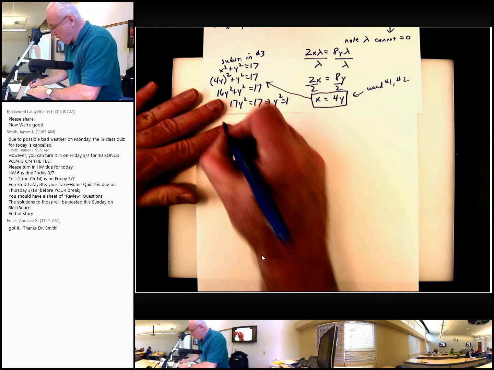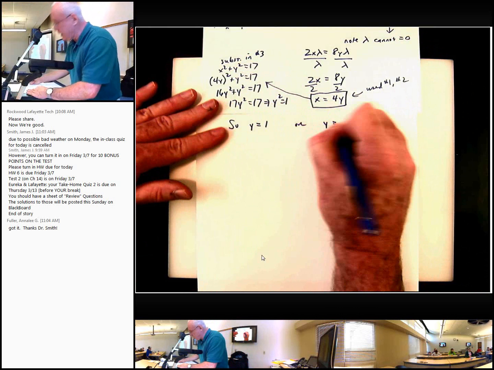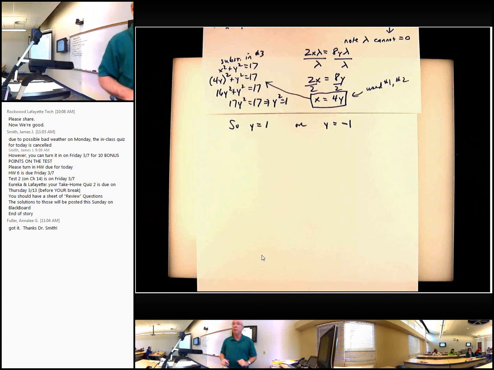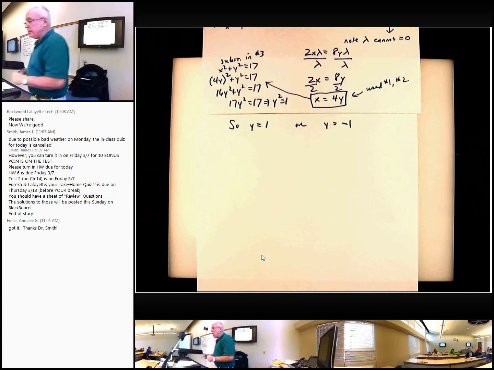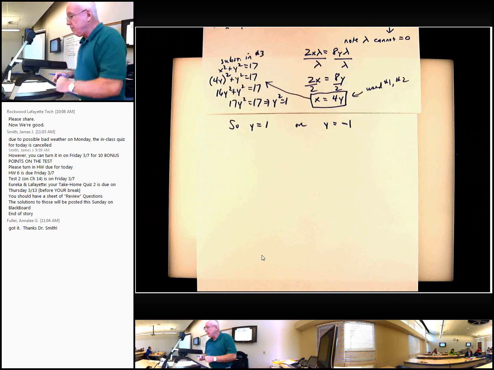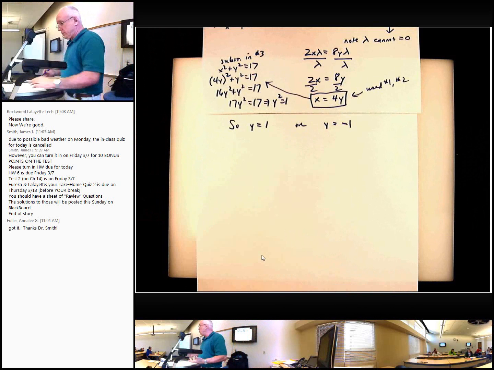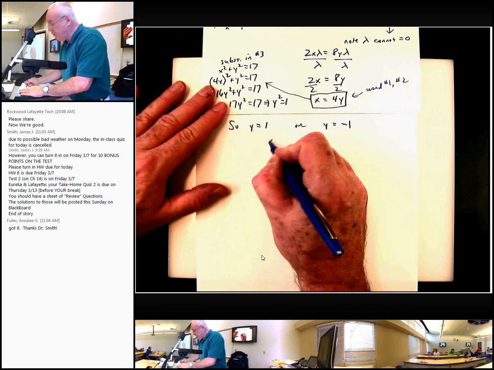So y equals 1 or y equals negative 1. Okay, well now that we know what y is, we have two instances for y, now we can figure out what x is. Because remember, x is equal to 4 times y.